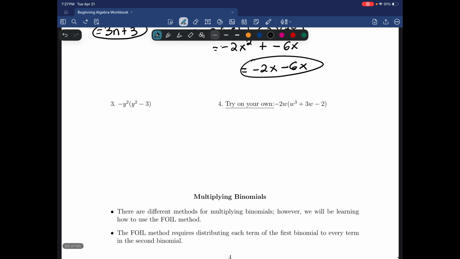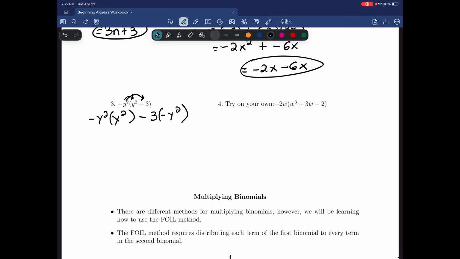Taking a look at example number 3, we have -y squared multiplied by the whole expression y squared minus 3. So let's first start off by distributing in that -y squared. So we get -y squared times y squared, minus, we're going to bring down that negative sign here, minus 3 times -y squared.